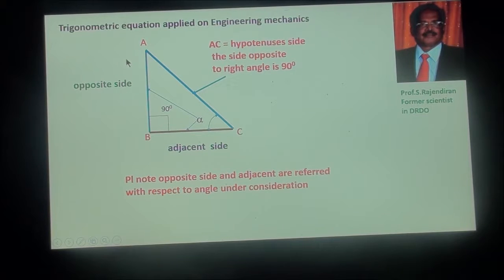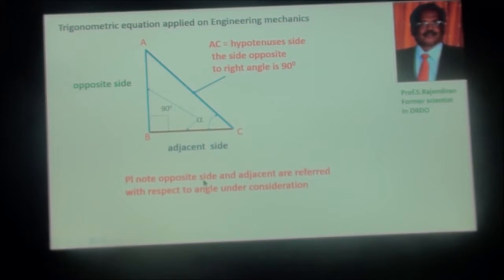We have been talking about the right angle triangle ABC, and we are also assuming that angle B is 90 degrees because it is a right angled triangle. The side AC opposite to 90 degrees is the hypotenuse. And if you take alpha as a reference angle, that is angle C is alpha, then BC becomes the adjacent side, and AB becomes the opposite side.